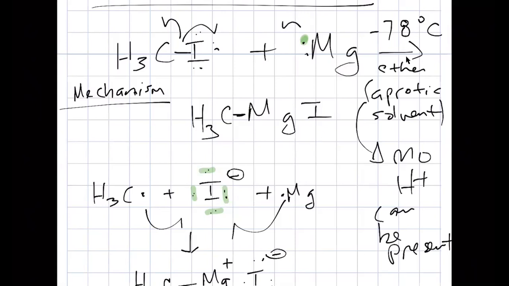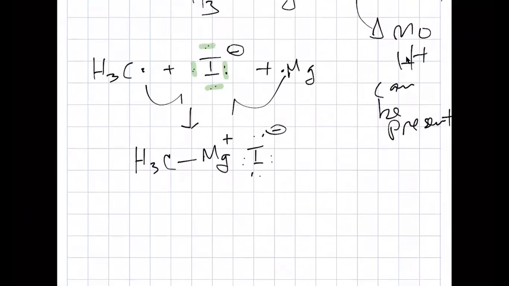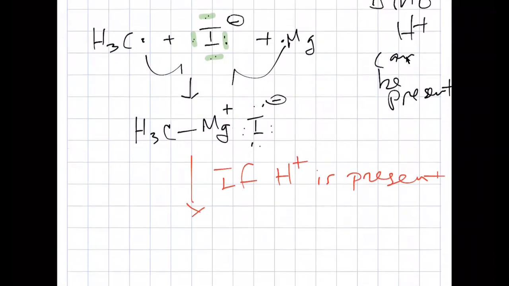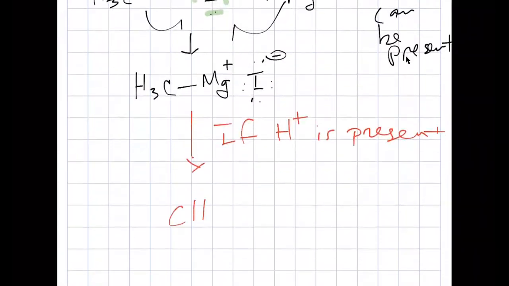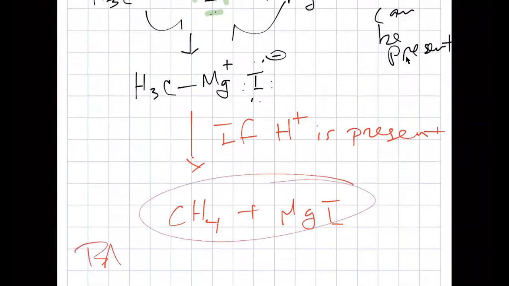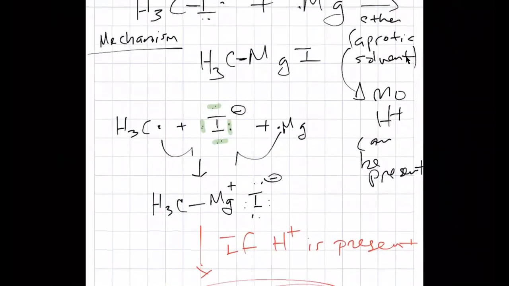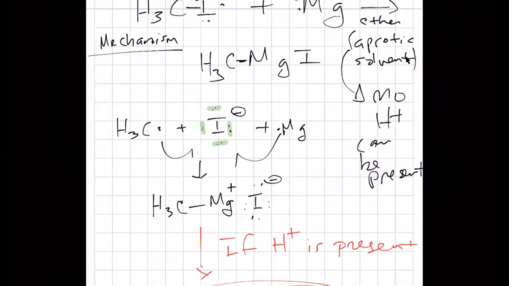Because any H plus is just going to protonate that methyl group, so you're going to end up with CH4 plus MgI. This is bad. So no H plus. That's why you have to use a solvent like ether, an aprotic solvent, so that you don't get that protonation. That will screw you up.